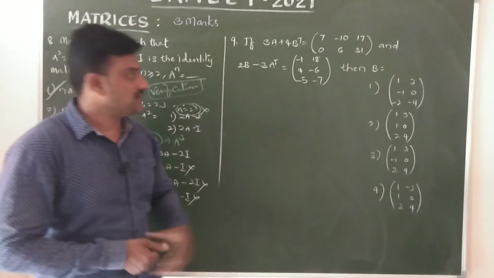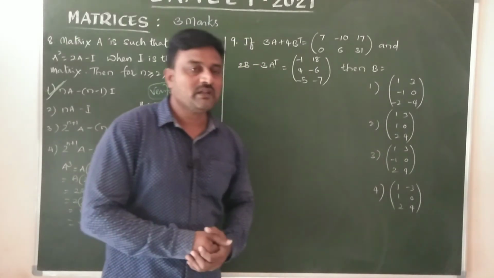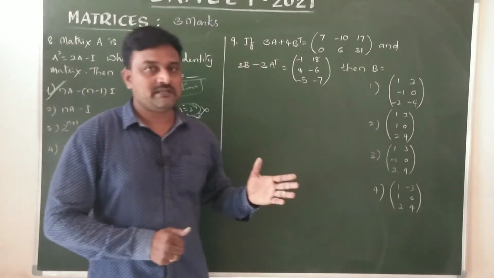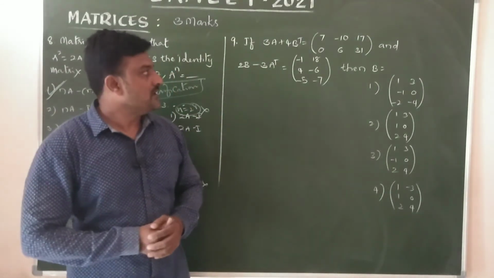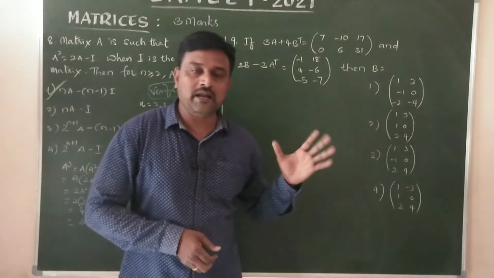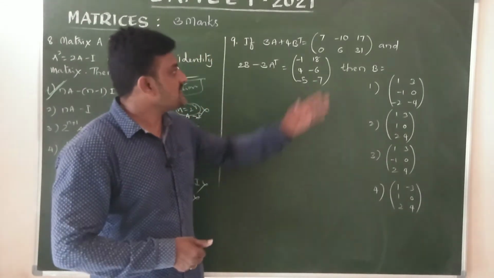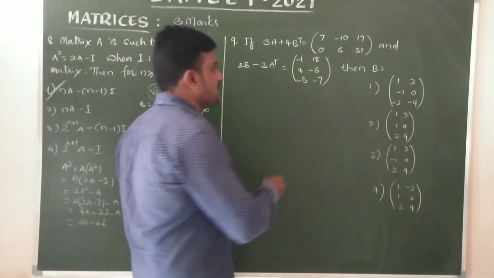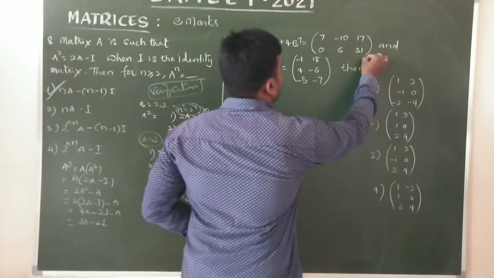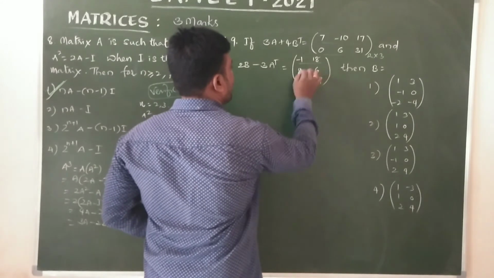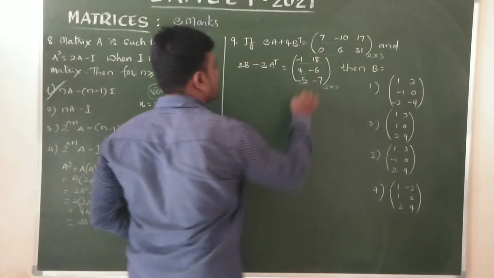Then B equals what? These types of problems can be done by solving, addition or subtraction. For addition or subtraction of matrices, we must take matrices of the same order. But these are not of the same order, because one is of order 2 by 3 and the other is of order 3 by 2. Yes or no?